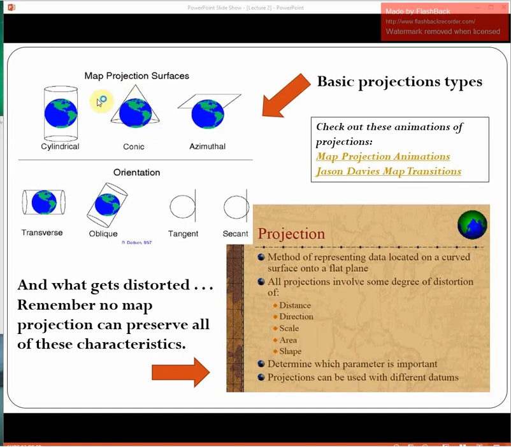And here we see the different kinds of paper wrapping, so to speak, that we can do on a spheroid, and also how it can be oriented on the sphere and intersected. All of these create different kinds of maps with different purposes. And in terms of the distortions that happen, there will always be some kind of distance, direction, scale, area, or shape distortion. Different projections can be used with different datums. What it comes down to is what your needs are as a mapper and as a cartographer, because certain kinds of maps have different purposes.